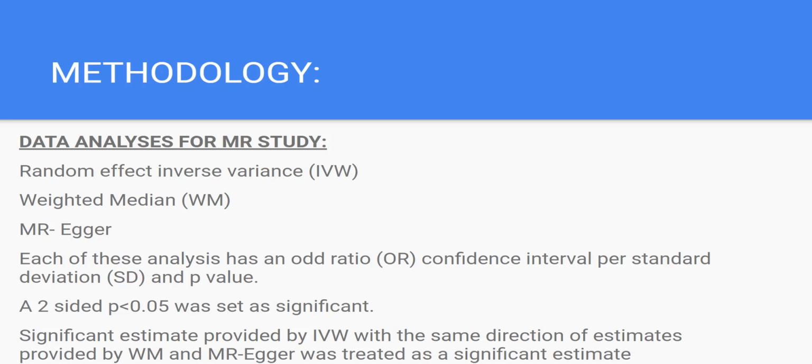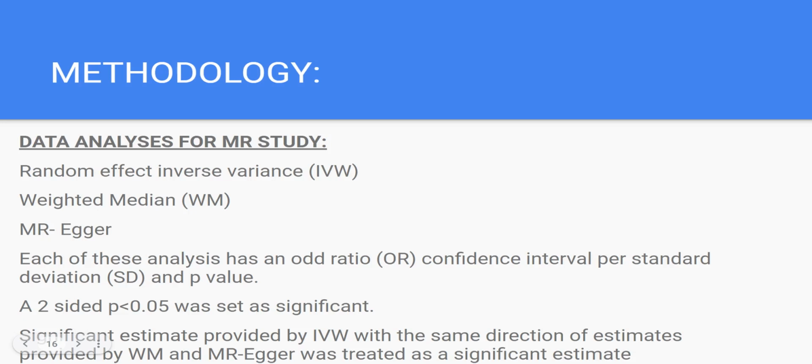Here they used inverse variance weighted as the main analysis, the most robust analysis, which provided estimates with heterogeneity. The other two, weighted median and MR-Egger, are just to verify and prove the validity of the IVW results.